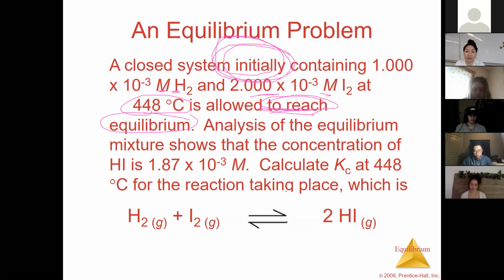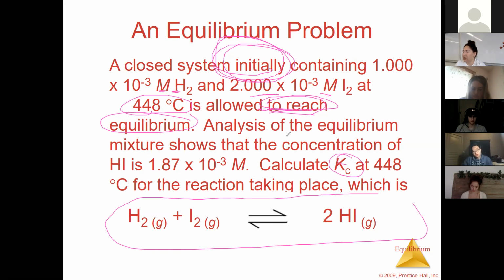These words tell me these are not at equilibrium. So I'm going to have to do something called an ICE table, where I take my initial concentrations and predict what the equilibrium concentrations are, and then I can plug them into my products over reactants. To plug into your products and reactants, they have to be either molarity or gas units, and they have to be at equilibrium.